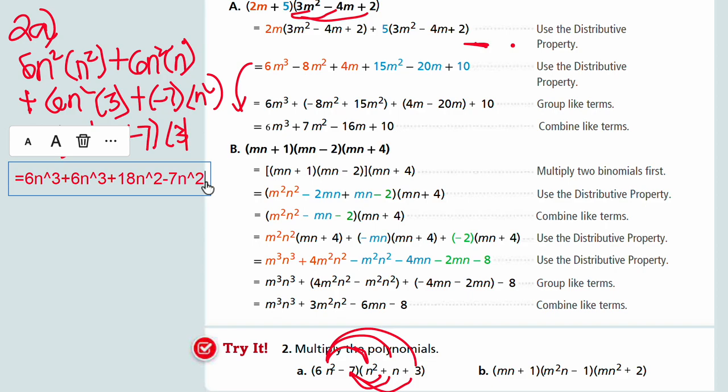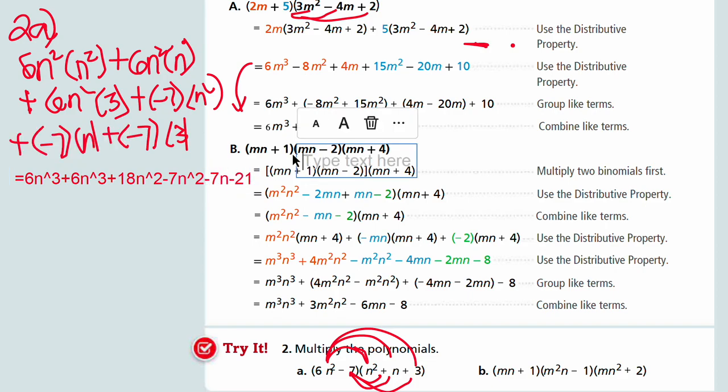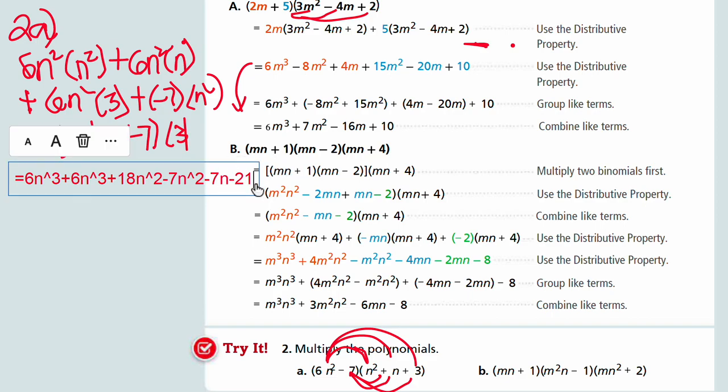Okay, so then you just combine like terms, right? Oh wait, sorry, this is not the cube power, it's the fourth power, right? n squared times n squared should be 2 plus 2.